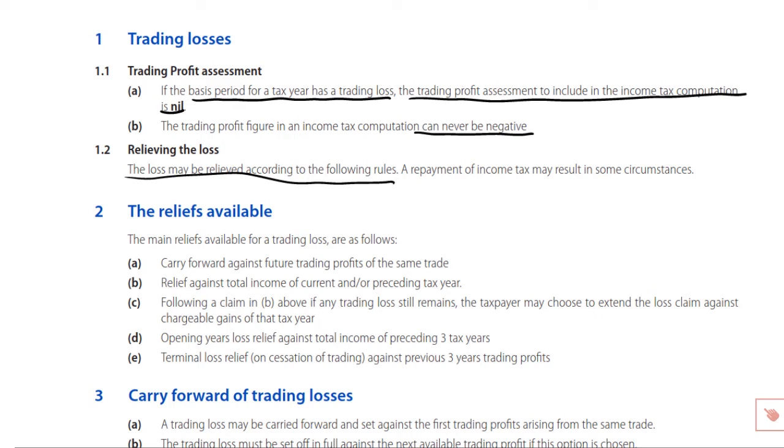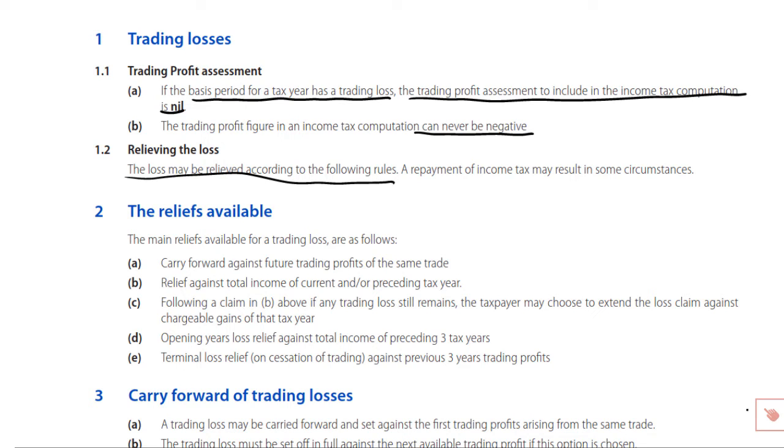Stay where you are in the current tax year, go back to an earlier tax year, go forward to a future tax year. Now, knowing the directions in which we can go, we simply now have to know whether we stay in the current year, whether we go back to an earlier year, whether we go forward to a future tax year. Then what do I offset this loss against in any of those years? If we can get those rules sorted, we've cracked it.